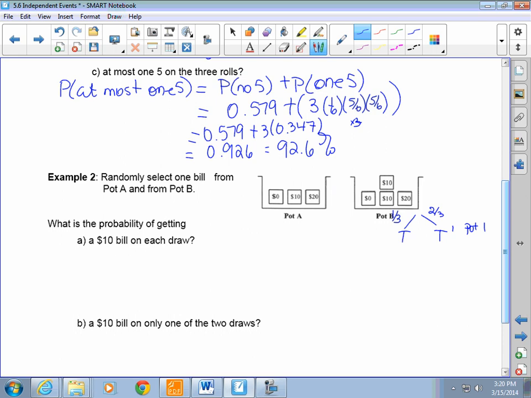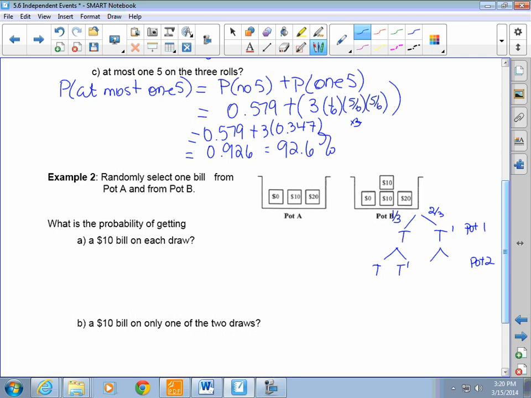So I've got my first, taken out of my first pot, then out of the second pot, probability of getting a 10 and not 10. So this is pot 2. Probability of pulling a 10 out of pot 2, well, there are 2 10s out of 1, 2, 3, 4 bills. That shouldn't be a 0.